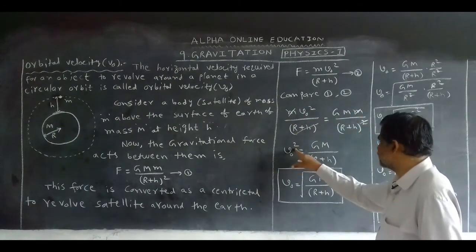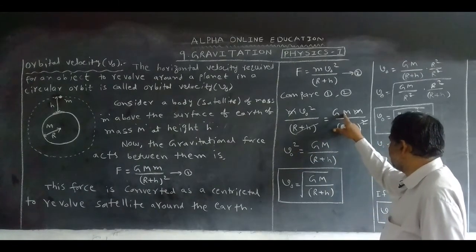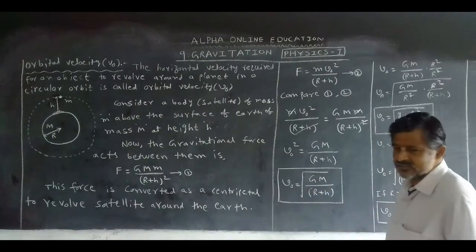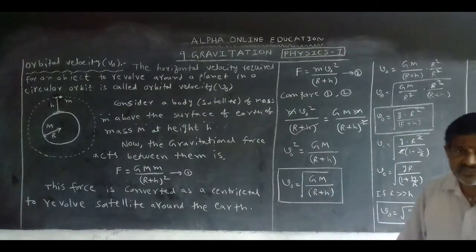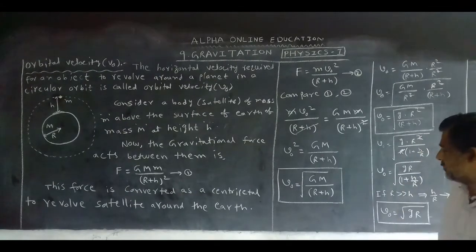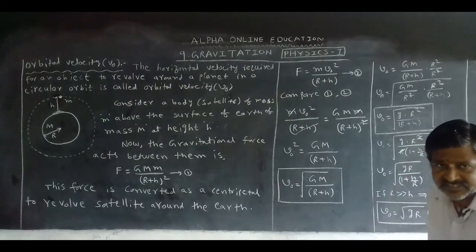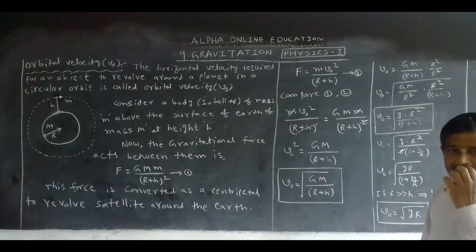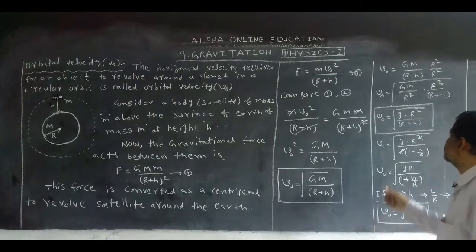What is v naught square? Capital G capital M by (R plus h). Remove the square, we get the answer. What is the equation for the orbital velocity? V naught is equal to root of capital G capital M by (R plus h).